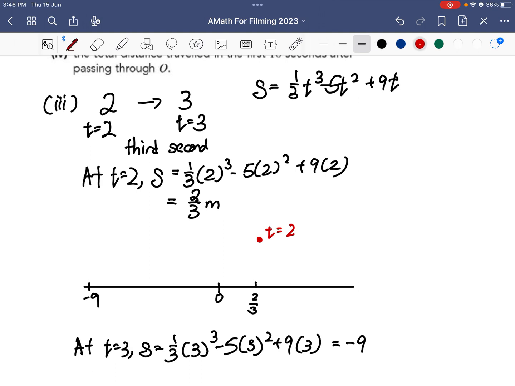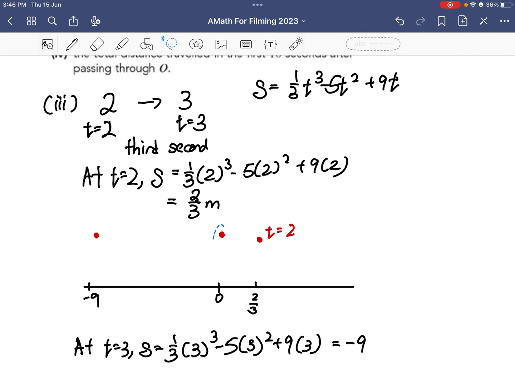That means the particle at t equals 2 seconds and at t equals 3 seconds is somewhere here. So what is the total distance it has traveled? The first question we need to ask is, has the particle turned during these 2 to 3 seconds?